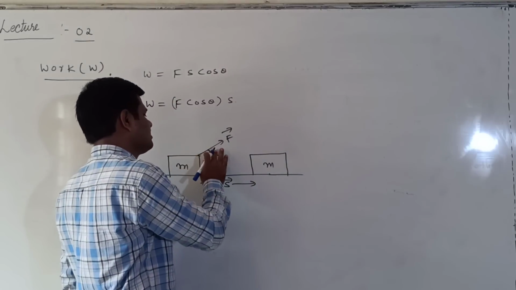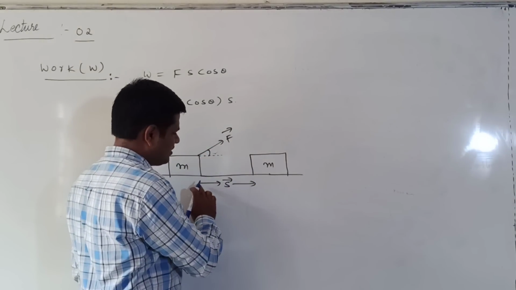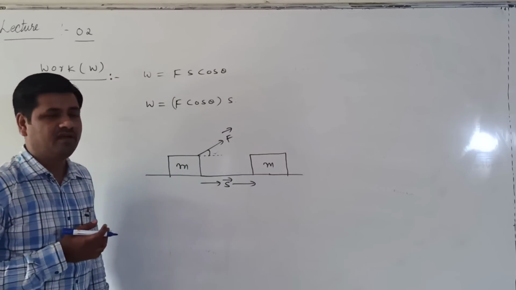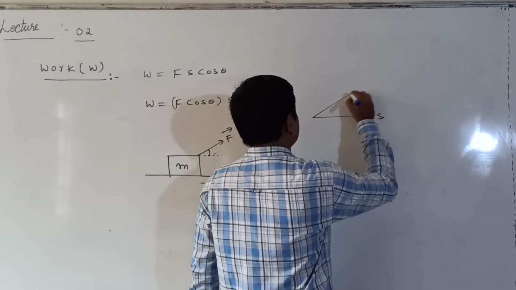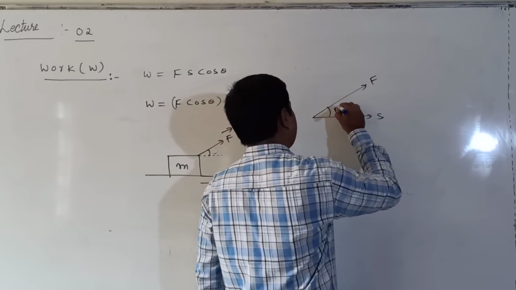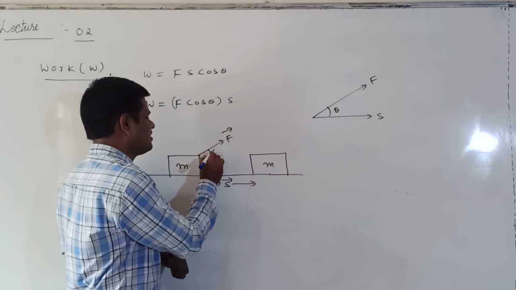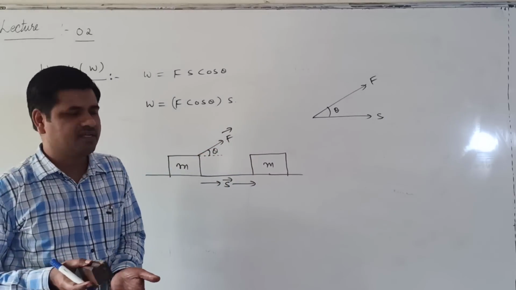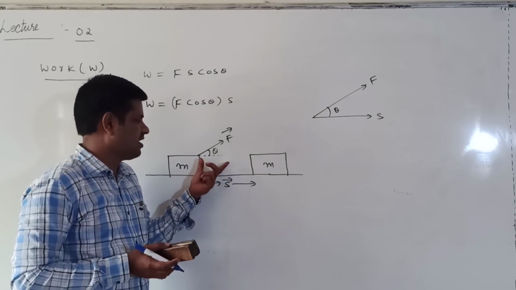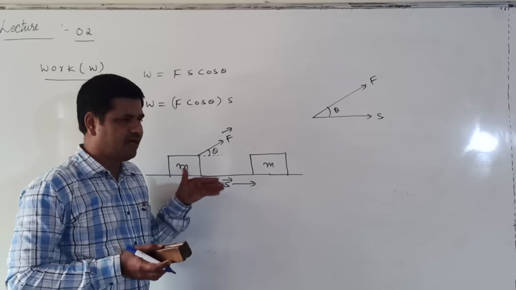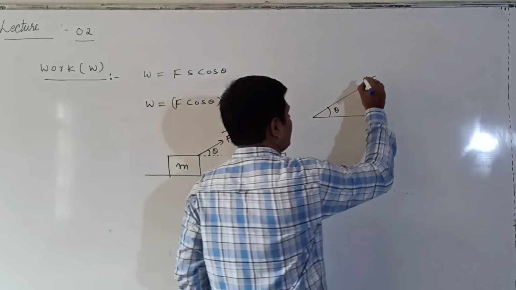This is horizontal, and the displacement is also in the horizontal direction. So the angle between this S bar and this F bar is theta, because this F bar makes an angle theta with horizontal. S bar is also in the horizontal direction. So the angle between F bar and S bar is also theta.